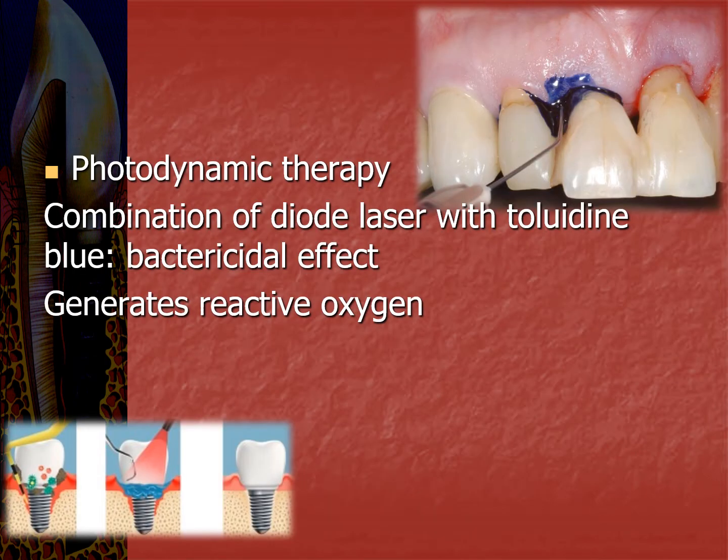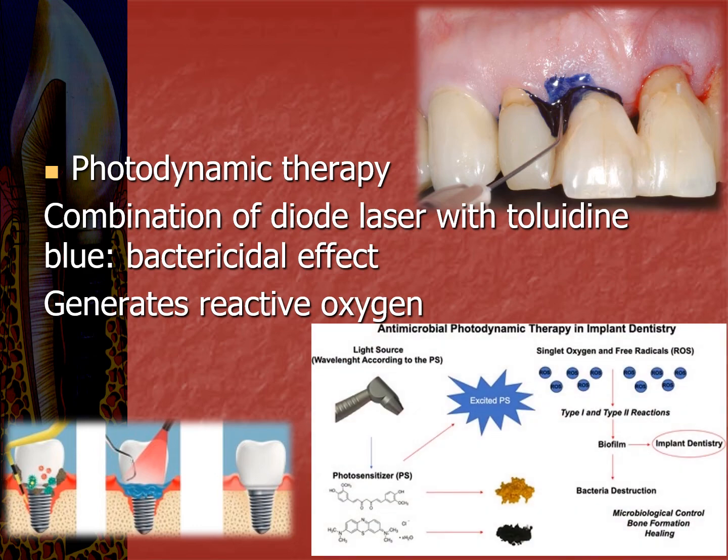Next is a relatively new treatment modality called photodynamic therapy, which uses a combination of a diode laser with the toluidine blue photosensitizer. When combined, this has bactericidal effects against aerobic and anaerobic bacteria by the release of reactive oxygen species.